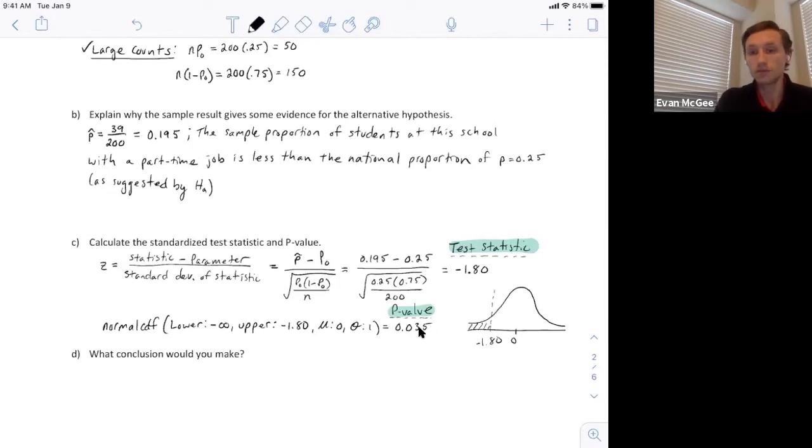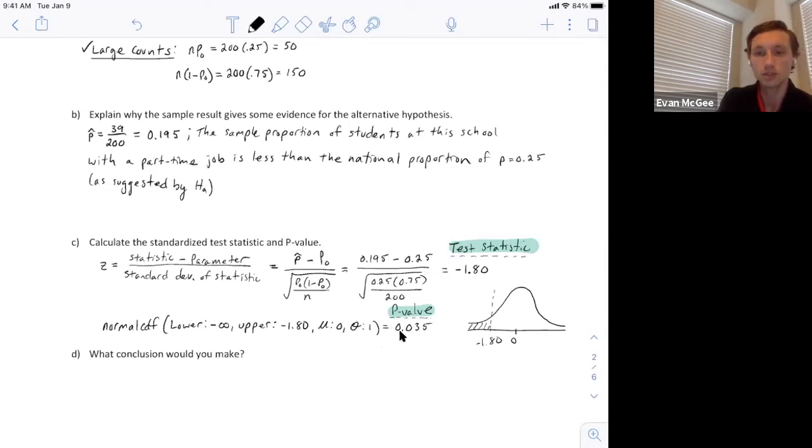I want you to always find the test statistic and then use that to calculate the p-value. But we could have gone from negative infinity to our sample proportion, plugging this in for our standard deviation, and it'll give us the same p-value. But since you have to find the test statistic, I always want you to use it. So what conclusion will we make?